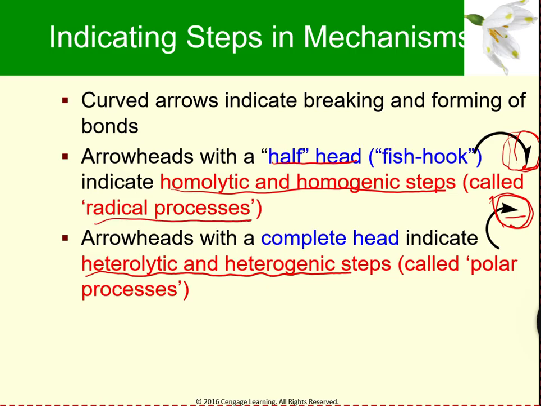Therefore, a half head is used to describe the moving of electrons in a radical mechanism, and a complete head is used to indicate the moving of two electrons in a polar mechanism. I told you most reactions involve a polar mechanism, and in most reactions, the mechanism will use a complete head.